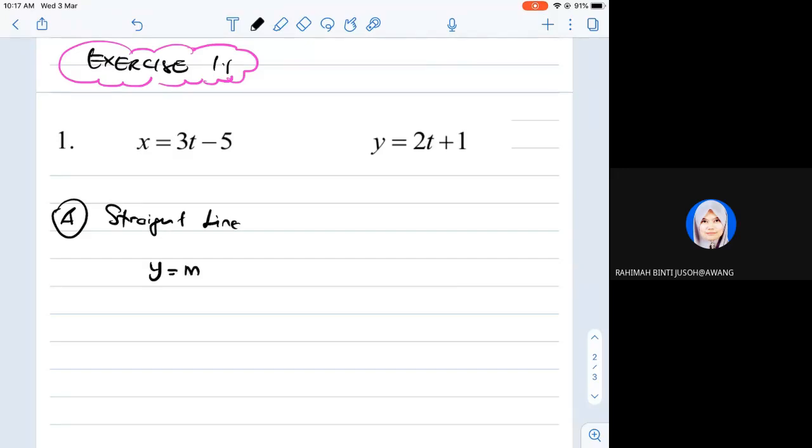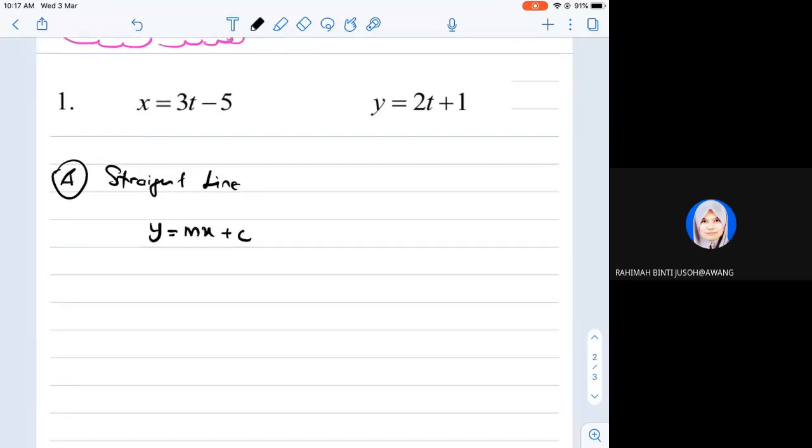This is what you already learned in secondary school, the gradient form. Still remember? You can use this. However, I would like to suggest another method, using the intercept form.